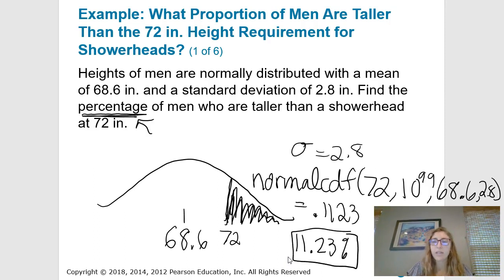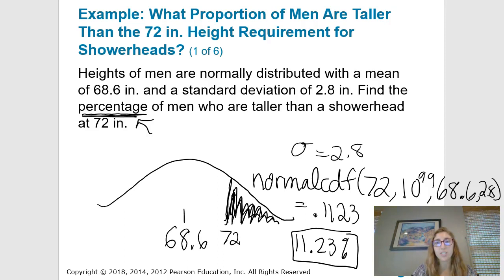So don't forget when you get your answer, check and make sure that it actually makes sense. We wanted the percentage of men who are taller than 72 inches. Well, that seems pretty reasonable here. How many feet is 72 inches? 6 times 12, 72, perfect.